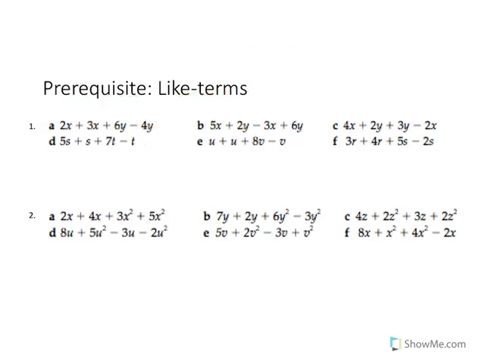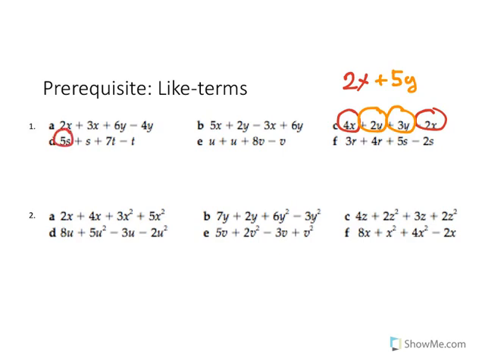So here you go, continuing with exercise 1c. We see 4x and negative 2x. That will make 2x, because 4 minus 2 is 2, and it's an x term. Then positive 2y and positive 3y together make a positive 5y.